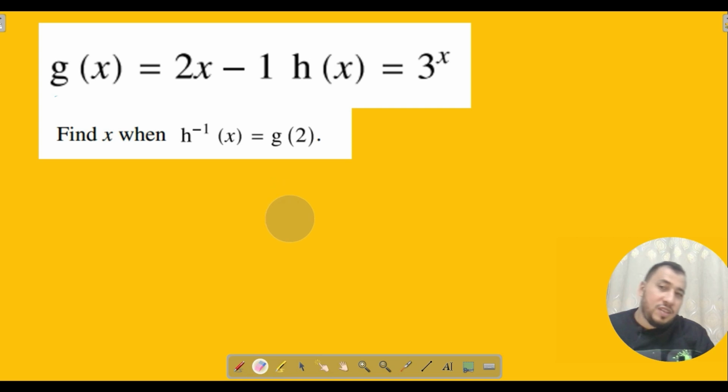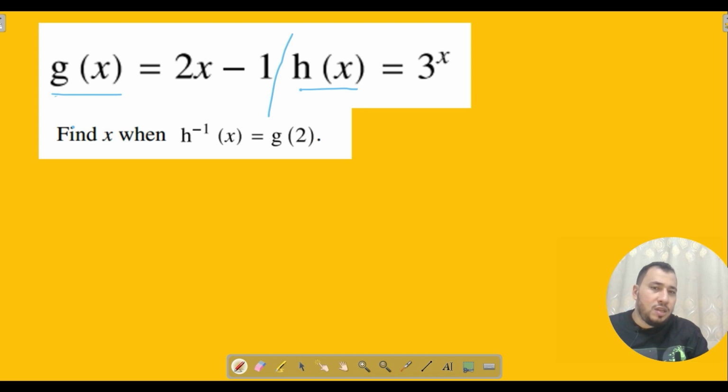Okay, and now let's take a look at this question here. I have here function g equals 2x minus 1, and also I have function h equals 3 power of x. Find x when h inverse of x equals g of 2.